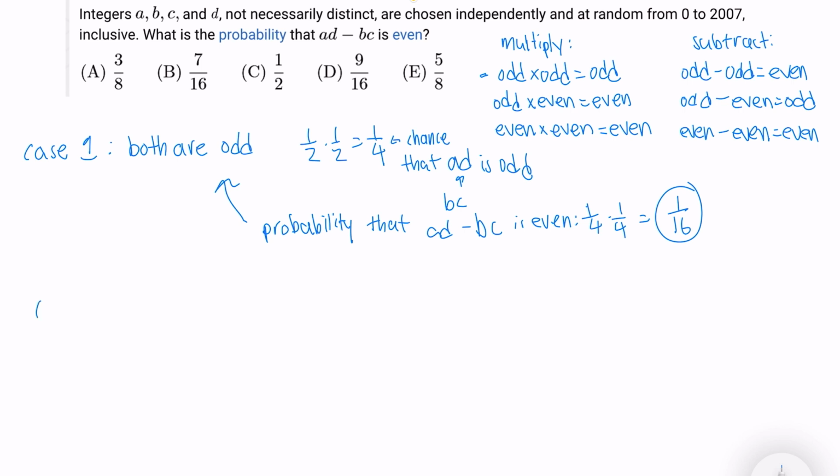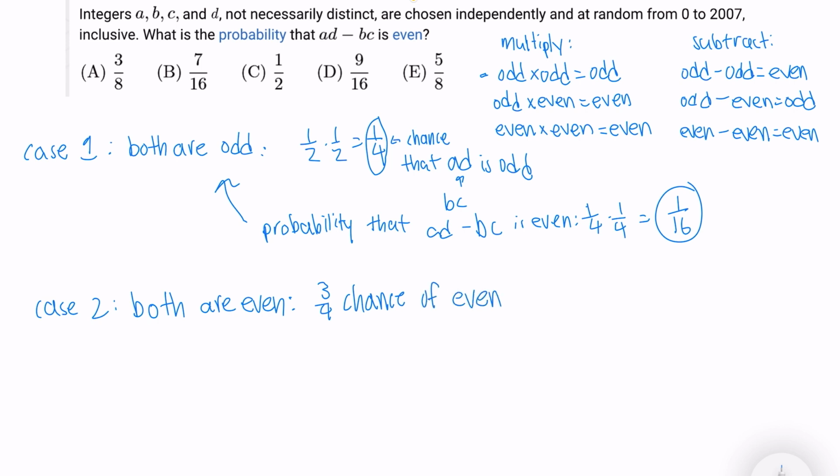That is the probability for when both are odd. Case 2 is when both are even. I'm going to take a really nice shortcut here because we already figured out that the probability that AD and BC are odd is 1/4. If AD has a 1/4 chance of being odd, then it'll have a 3/4 chance of being even. That applies to both AD and BC.